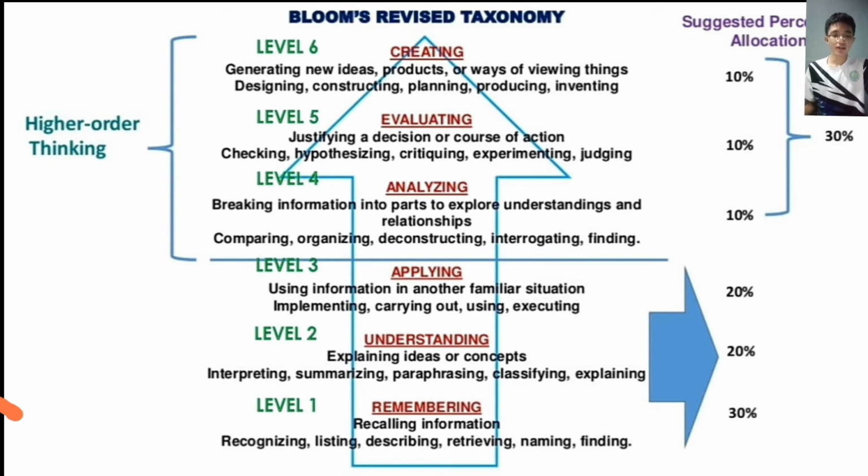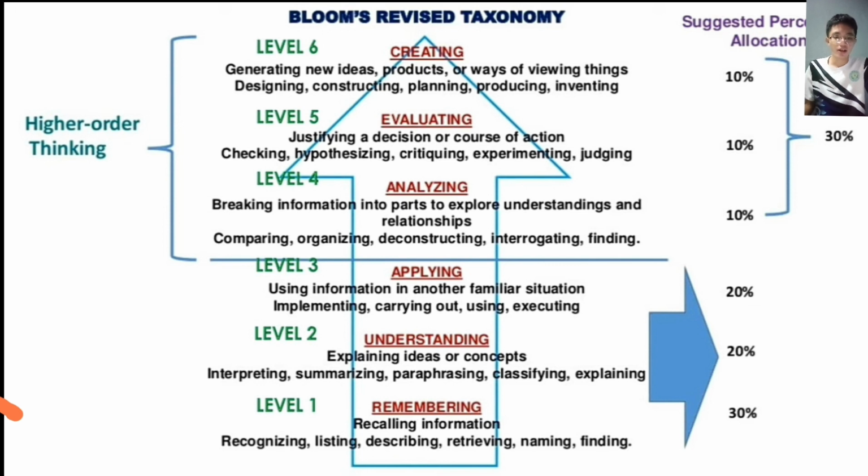So it is really suggested here, as you can observe, that there is a suggested percentage of allocation. In levels 1 to 3, it is suggested to take up 70% of your assessment.